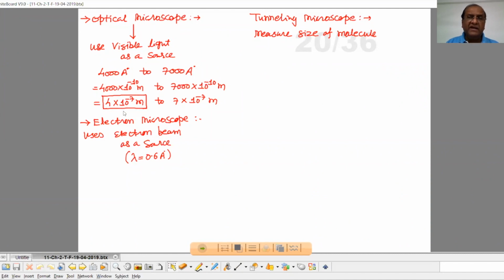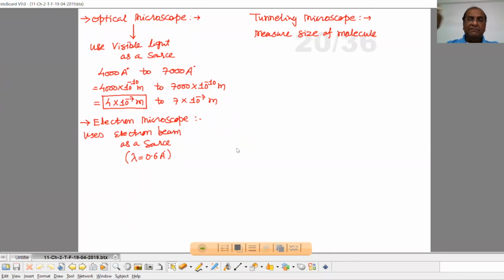So we can rewrite it as 4 into 10 raised to minus 7 meter to 7 into 10 raised to minus 7 meter. So when we use an optical microscope for any experiment, then using that particular instrument, the minimum length which we can measure is 4 into 10 raised to minus 7 meter.